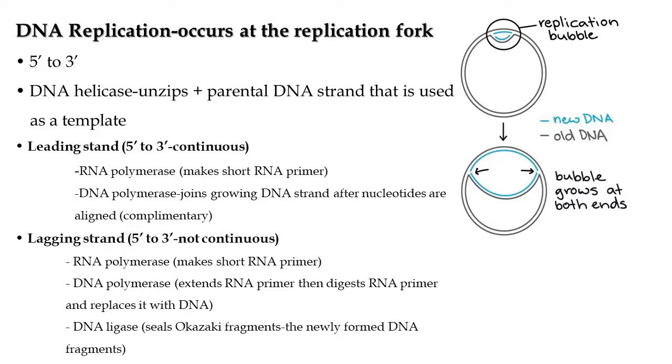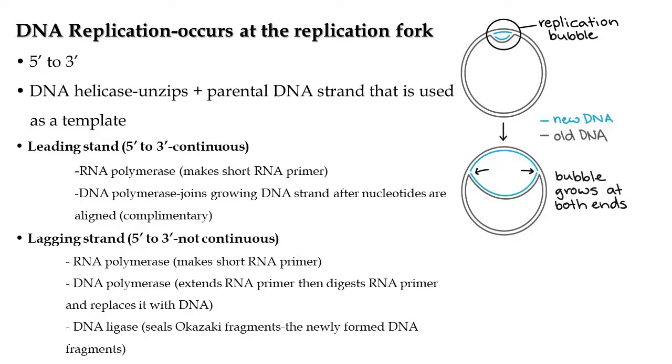You have a DNA helicase enzyme which unzips the DNA. Your parental DNA strand is used as a template. You have a topoisomerase enzyme which prevents extra stress on the DNA, which is still wound around each other. Small nicks are created to relieve the stress, and those nicks are sealed off by your ligase enzyme.